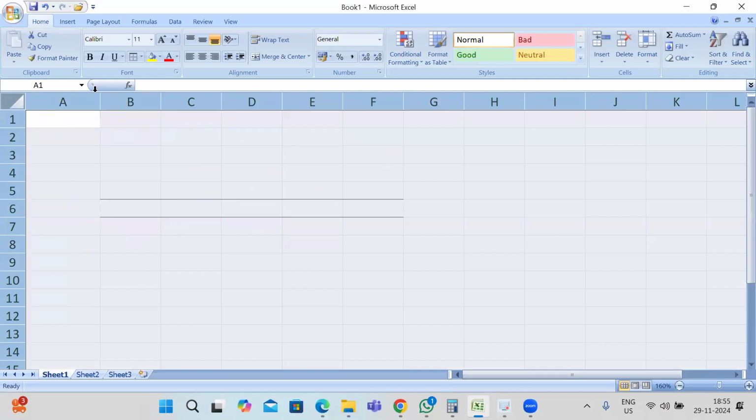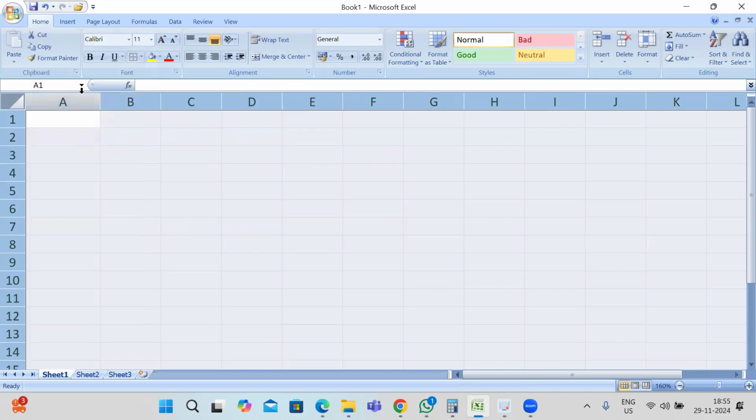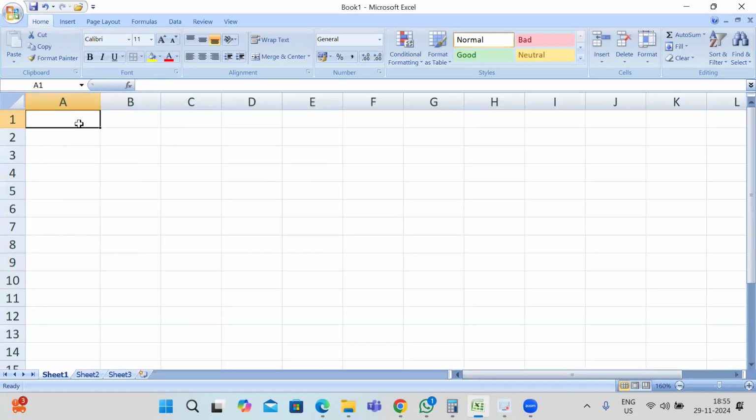So first, I want to calculate room days. I'm going to calculate the number of room days based on occupancy.